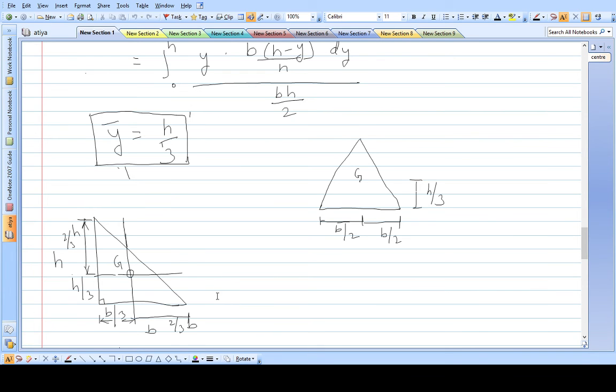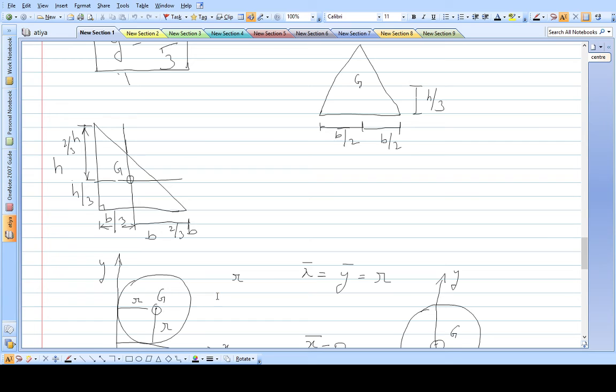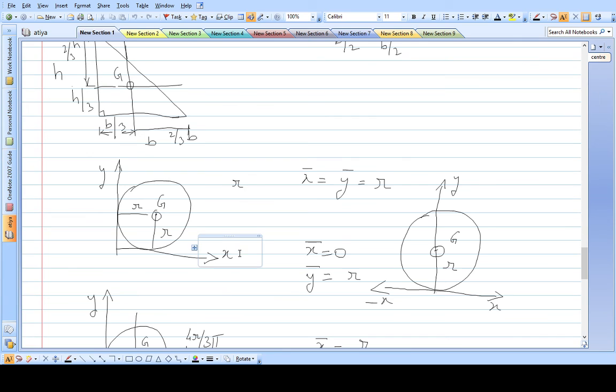For a right angle triangle, from the heel the centroid is located at h by 3, having height h, and from the apex it is at 2/3 of h. Similarly, from the heel at the base, the centroid is located at b by 3, and from the apex or toe side it is located at 2/3 of b, 2/3 of the base.